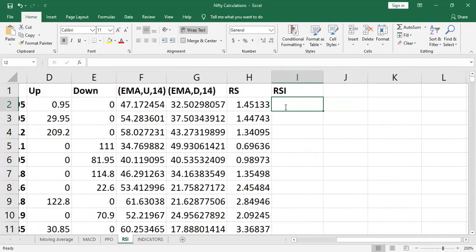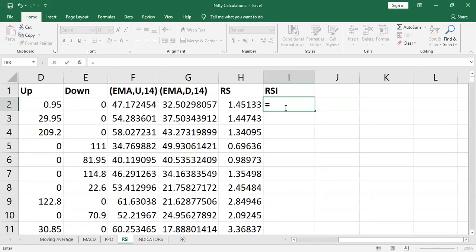Equal to 100 minus 100 divided by 1 plus RS.